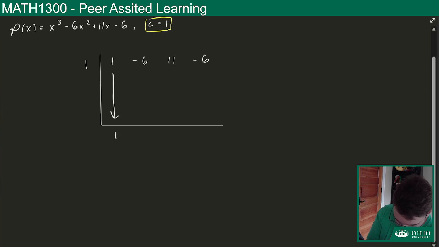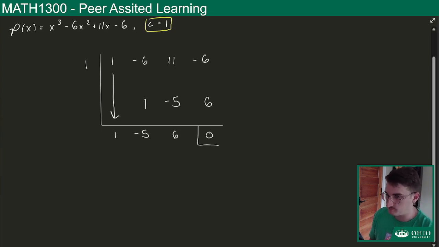So I'll bring down the 1. 1 times 1 is 1. -6 plus 1 is -5. -5 times 1 is -5. -5 plus 11 is 6. And 6 times 1 is 6. And when I add this final column, I get a remainder of 0.